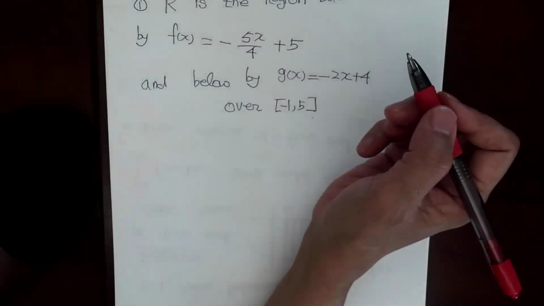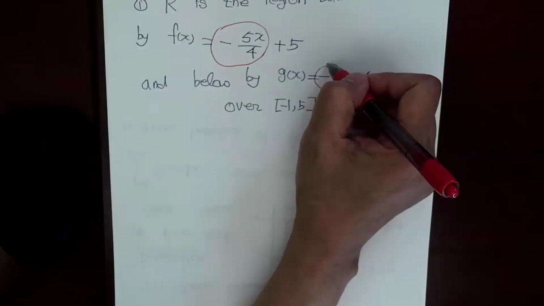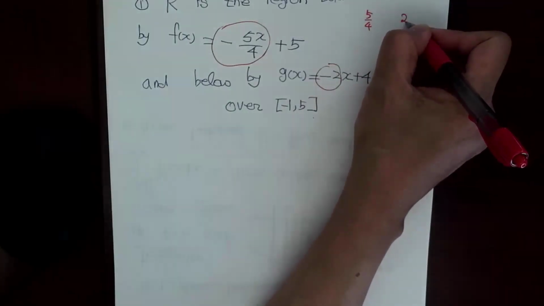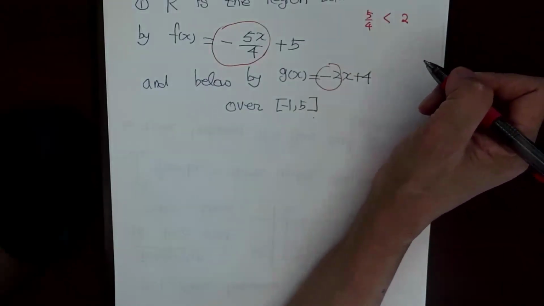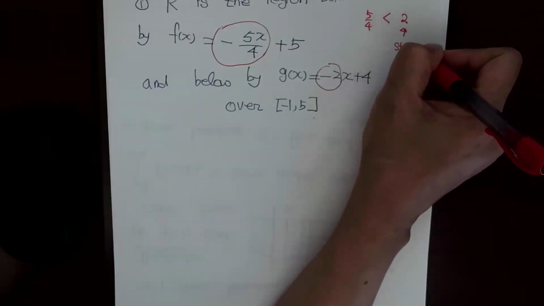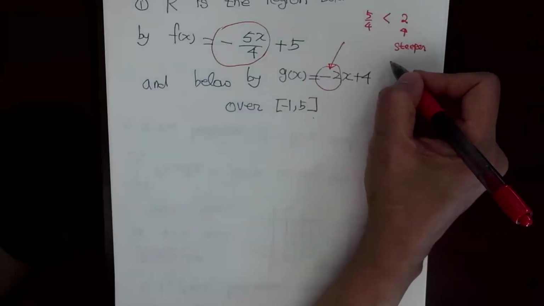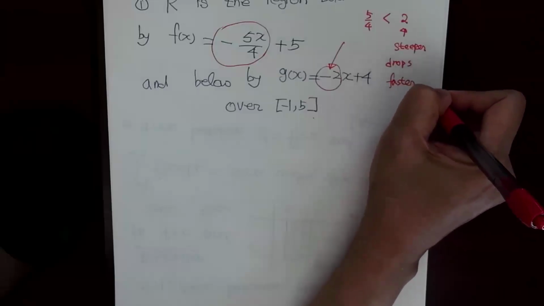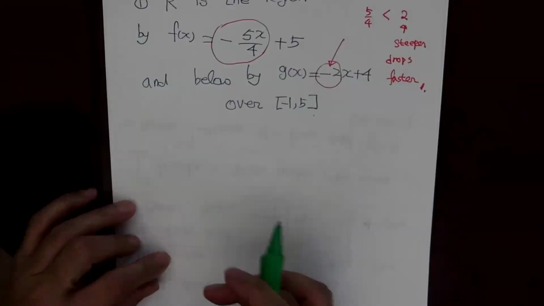When we think about the absolute value of this and this, one of them is 5/4 and the other one is 2. This one is larger, right? And that means this one is steeper. So in this case, there is a minus, so it drops faster. That's what we have to remember.